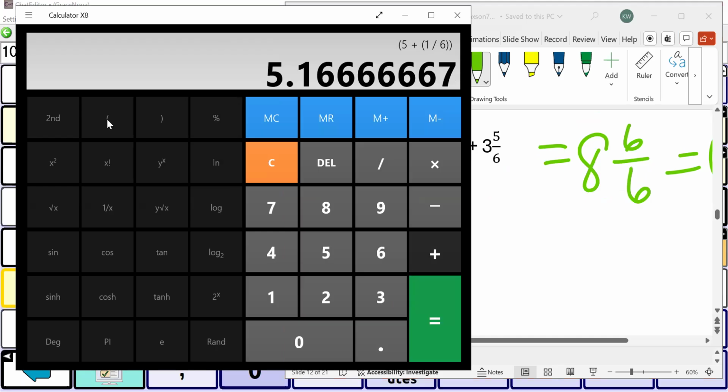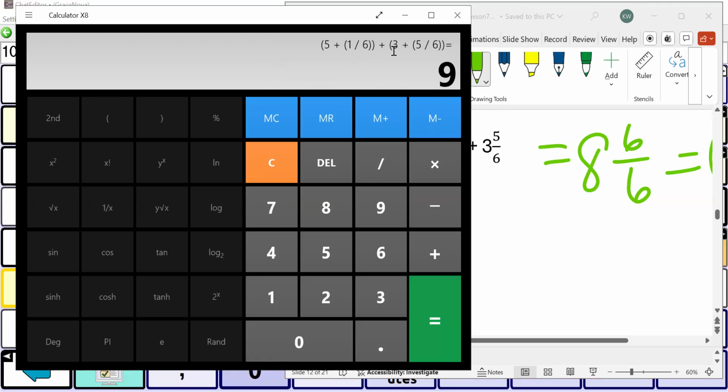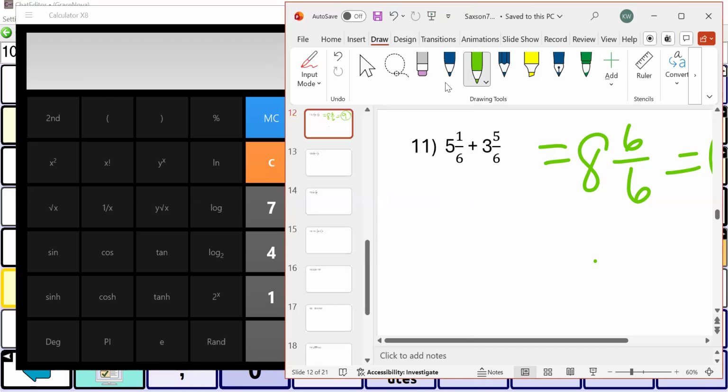And then I am adding that to the second mixed number. So I'm going to start with a parenthesis. We've got 3 plus a fraction, which is 5 divided by 6. And then we finish off that fraction, and we finish off that second mixed number. And then we finish off our whole problem. So 5 and 1/6 plus 3 and 5/6 is equal to 9, just as we came out with on the problem.